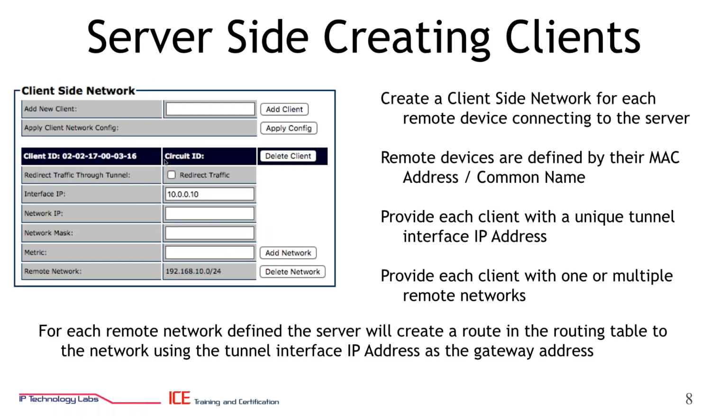Once you put in the system ID, you get a new block for that client device. And then you define a unique interface IP address that we can route to. And then you can put any number of remote networks and tell the server, these are the networks that live on that remote device.